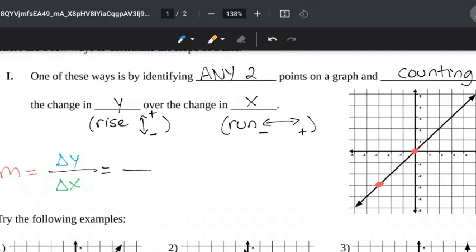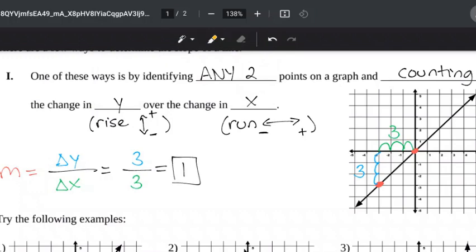So I'm going to start from our coordinate -3, -3, and I'm counting our rise, which is going up 3. If we are going up, that's a positive movement, and we went up 3, so our rise is 3. And now we're going to our run, which is how far to the left or right. In this case, we are going to the right, which is a positive movement. So we are going 3 to the right. So our slope is 3 over 3, which when simplified equals 1.